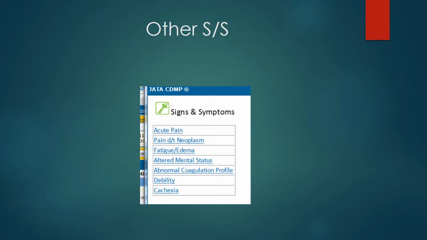Here's some other common signs and symptoms that we would also try to get a different diagnosis for. You don't want just cachexia or altered mental status. They're just signs and symptoms.